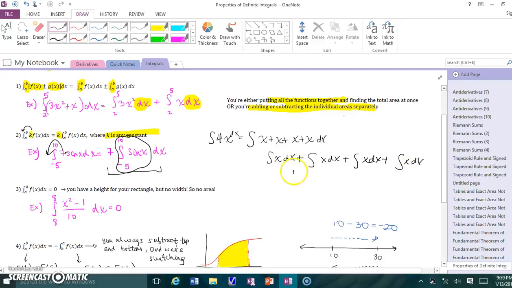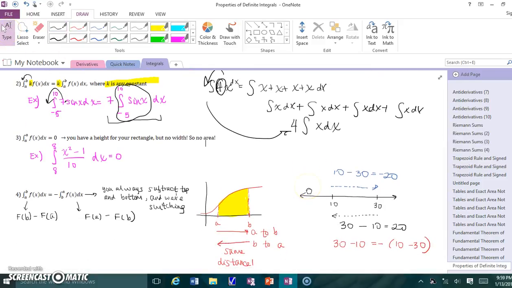And 4 integrals ends up being 4 times the integral of x dx. So notice I could have just taken the 4 and brought it out front and gotten here without the middle steps. So constants can always go out front. Sometimes it's easier to do the antiderivative and do the fundamental theorem of calculus if those constants are out of the way until the very, very end.